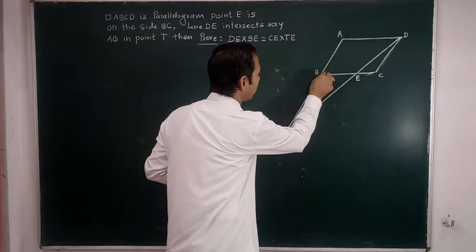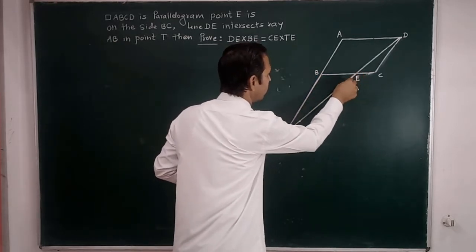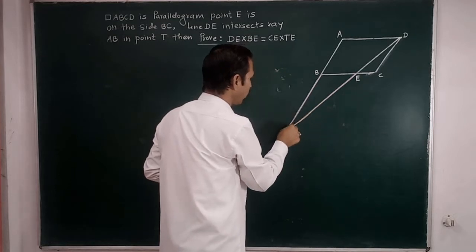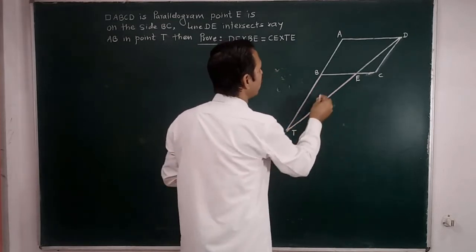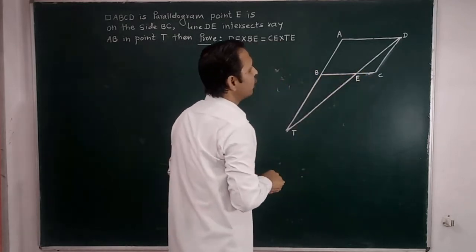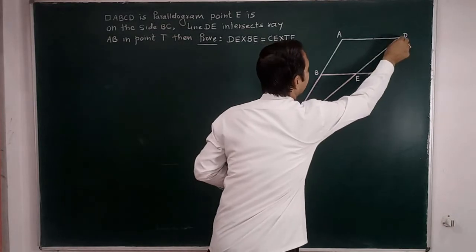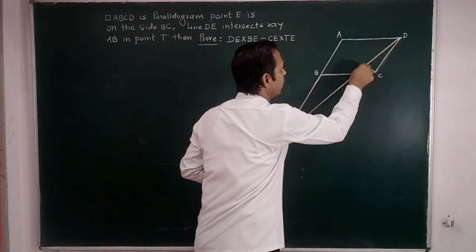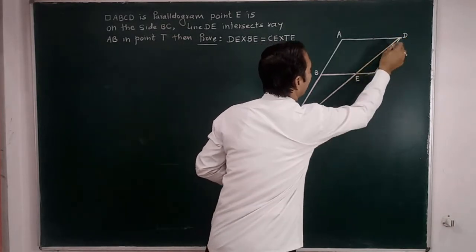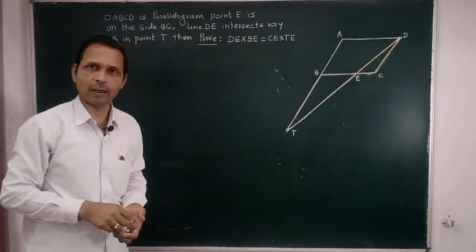That's why we select this triangle, that is BTE. Another triangle we select here is triangle CDE. Now we show these two triangles are similar.